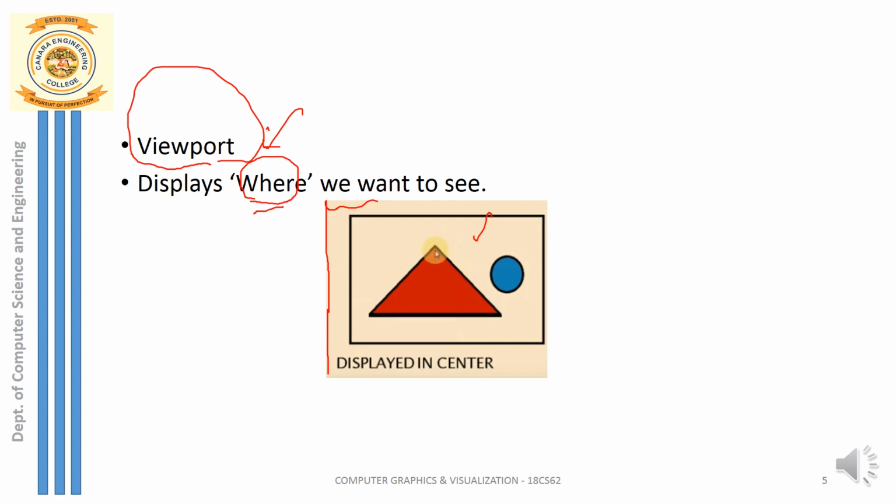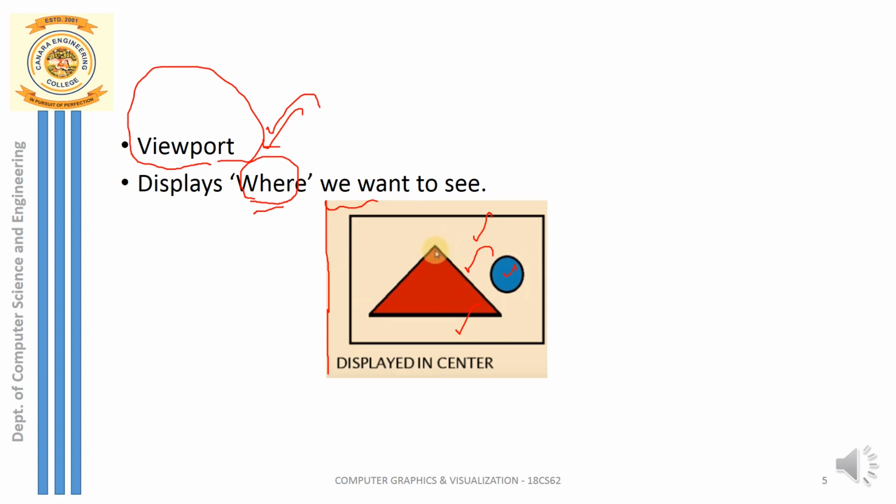The viewport is a desired portion of the display window, and I'm choosing it at the center of the screen, and inside that viewport I get the desired output. You can see now the output is displayed. It is the same selected area. Whatever I had selected with the help of the clipping window, the triangle and sphere, is finally displayed on the display window. And you can see this viewport is also rectangular in shape.